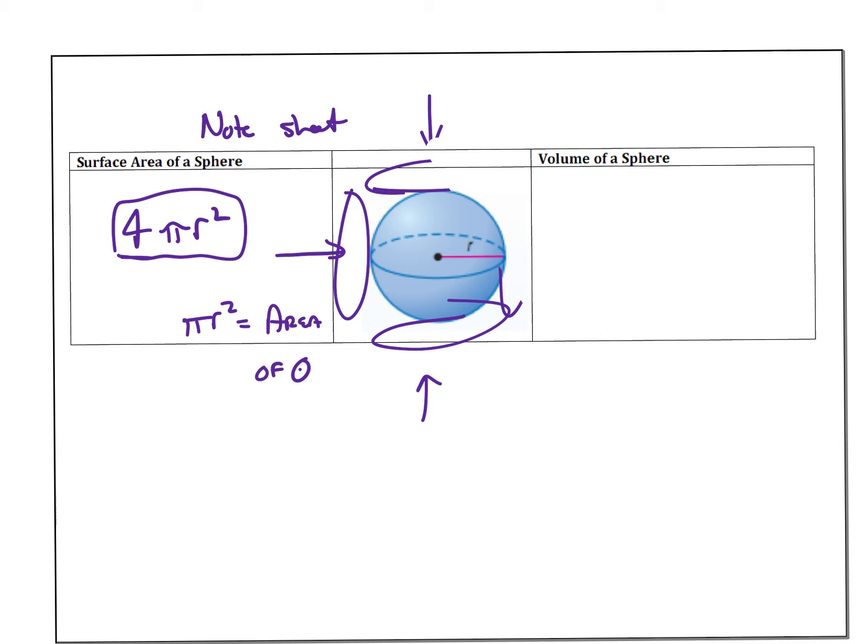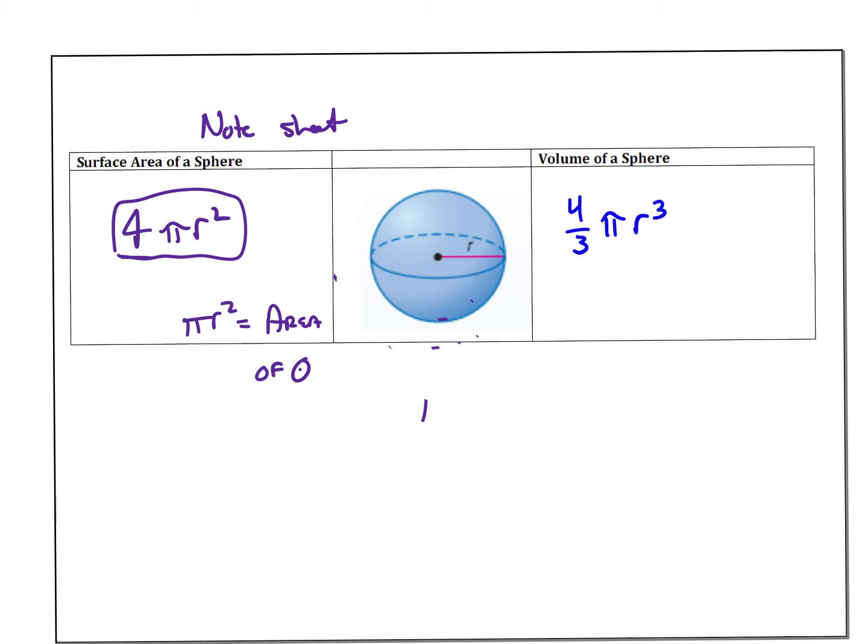Now, volume, I won't get into too much of an explanation. Volume is 4/3 pi r cubed. I know it's a very random formula, but it has to do with the relationship between the volume of a sphere and the volume of a cube that fit perfectly inside of this thing and touched every single side, on all 6 sides.